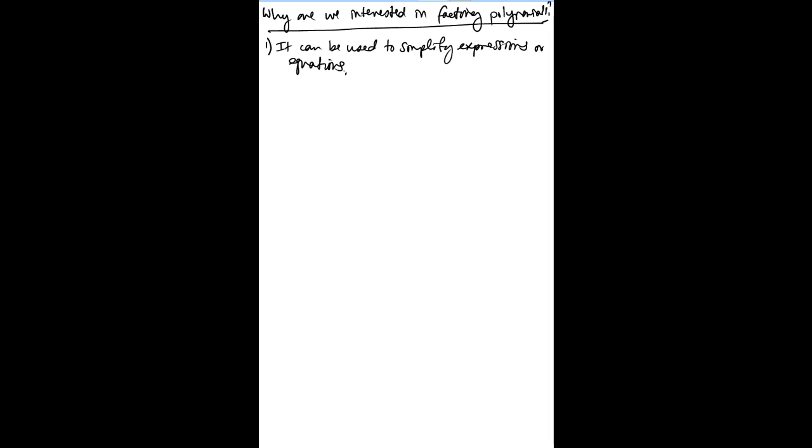Just like we sometimes simplify fractions by factoring numbers out of the top and the bottom of the fraction, we can do the same thing with polynomials that appear in the top and the bottom of a fraction.